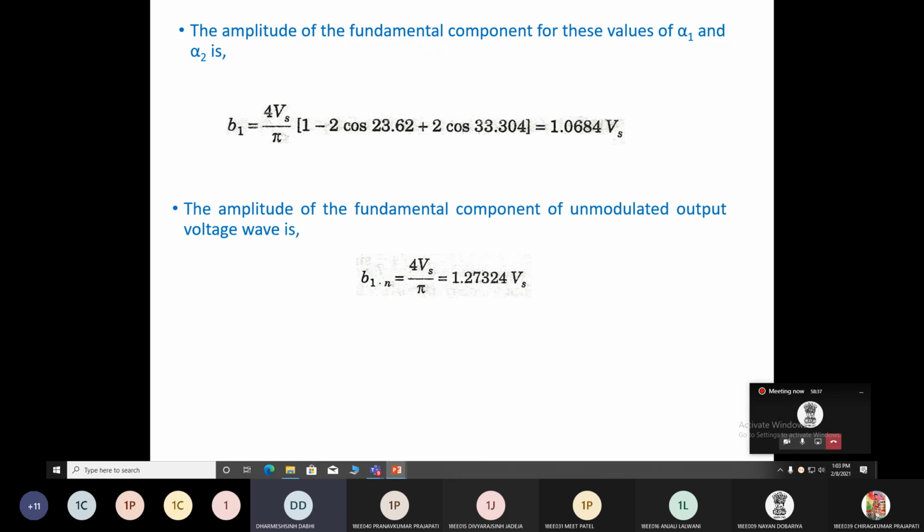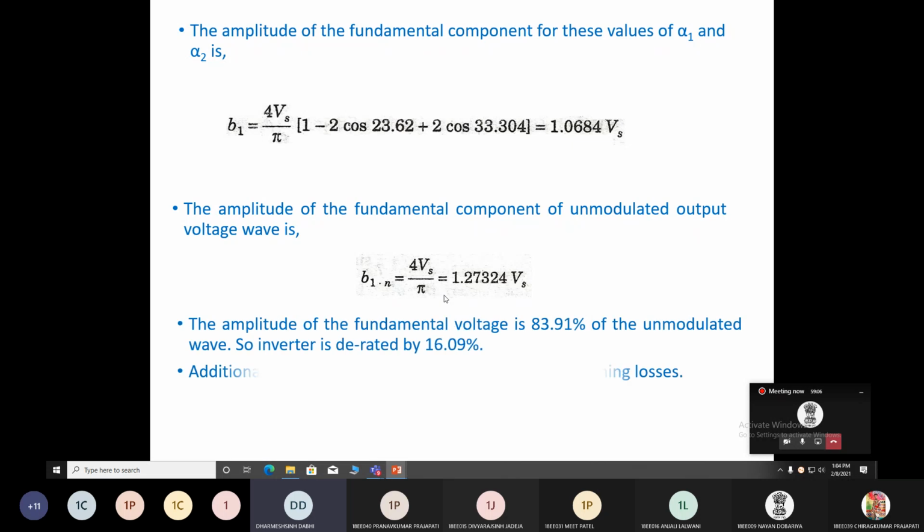The peak value of the fundamental component is 1.273 times Vs. So in this technique your fundamental component is less than in the unmodulated square wave inverter. It means that in this technique you get less power as compared to your simple square wave inverter.